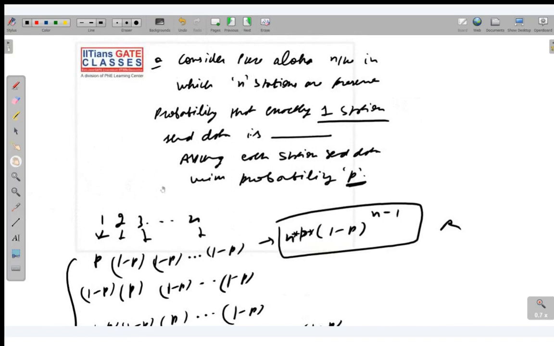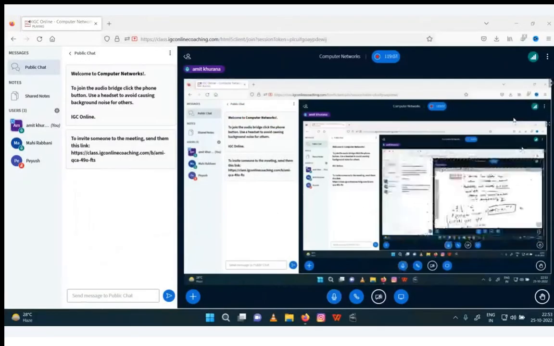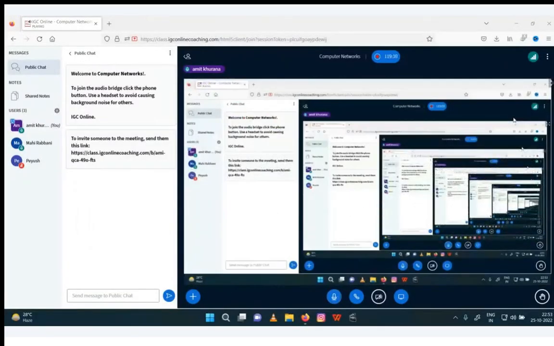Now so that's it. So now one or two topics are left out, like vulnerable time and all. We will study that in the next class. So most probably in the next class, Aloha will be over, slotted Aloha will be over, and most probably we will try to start CSMA also in the next class. Okay. So most probably I should take 3 to 4 classes.